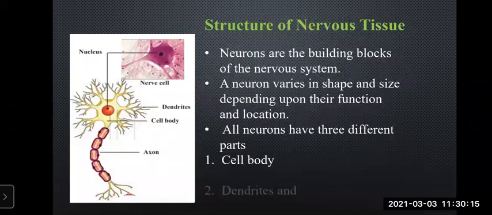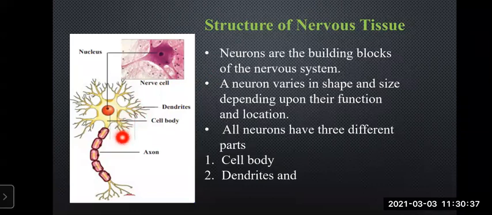Now, the next are dendrites. When we talk about dendrites, observe this carefully. The branches that are coming out of the cyton, these are known as dendrites. These are actually the receiving part of the neuron. Now, what do they receive?